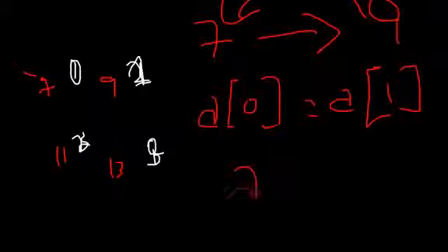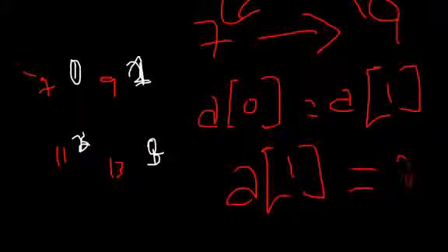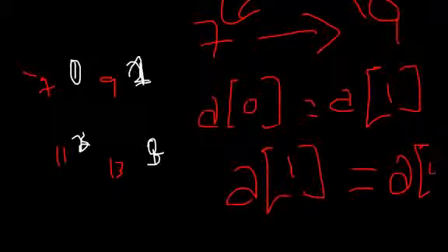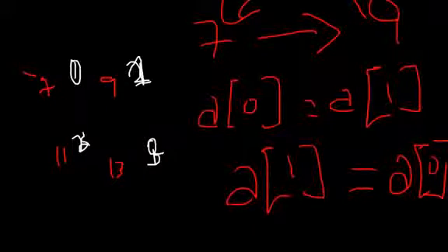And now if I write A1 is equal to A0, which basically means since 9 is at 7, and now 7 will become 9 because A0 is 7. That won't work.